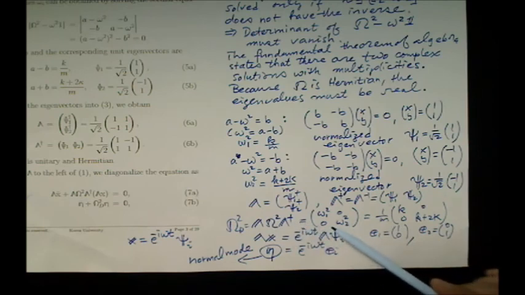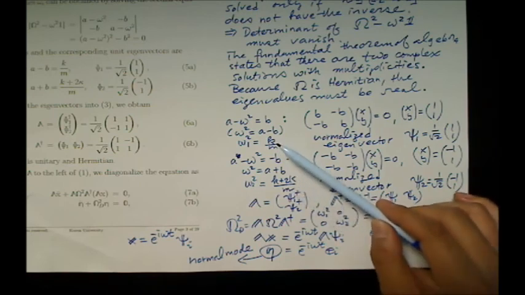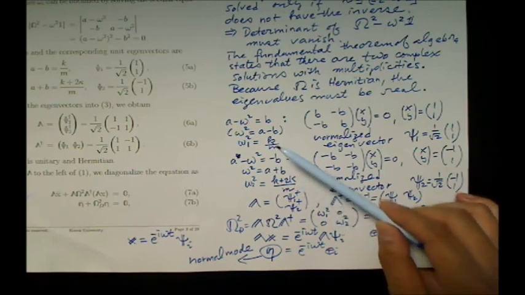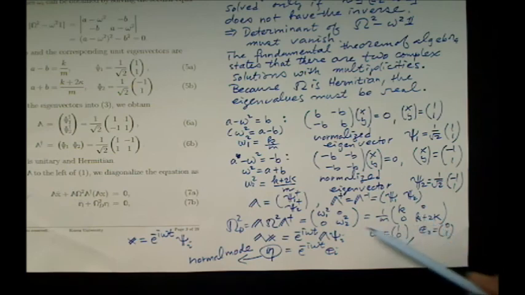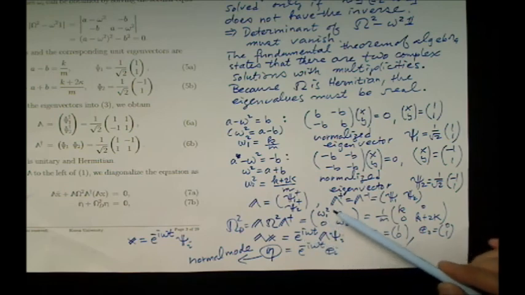The result should be the diagonal matrix whose diagonal elements are omega 1 squared and omega 2 squared. We substitute these two values to find the final result. Now we find that each psi has a unique frequency. Psi 1 has frequency omega 1 and psi 2 has omega 2.